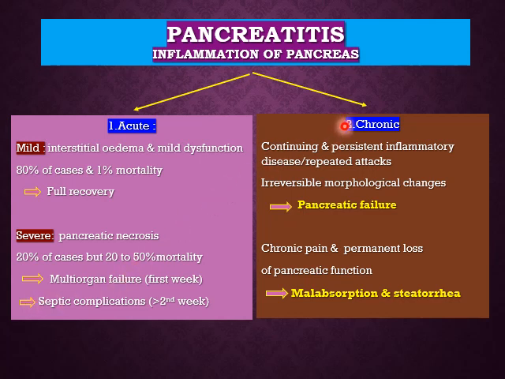In chronic pancreatitis, there is continuing and persistent inflammatory disease or repeated attacks of acute inflammation. This leads to irreversible morphological changes and pancreatic failure, either partial or total. The clinical features are persistent chronic pain and persistent loss of pancreatic function, leading to malabsorption and steatorrhea.